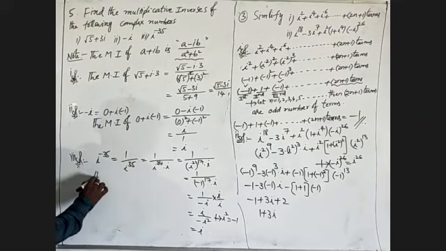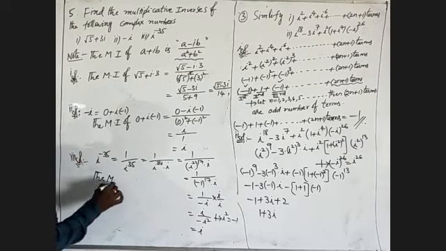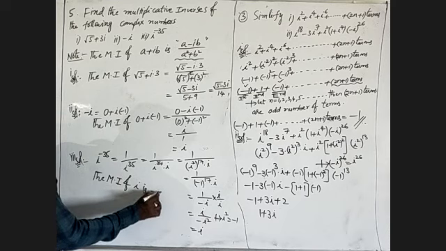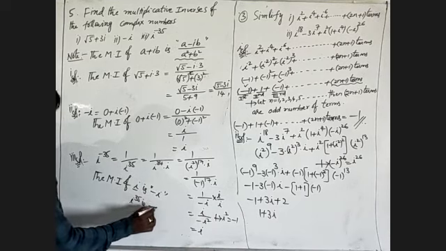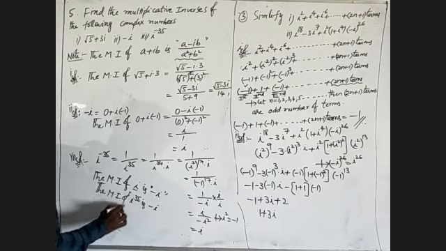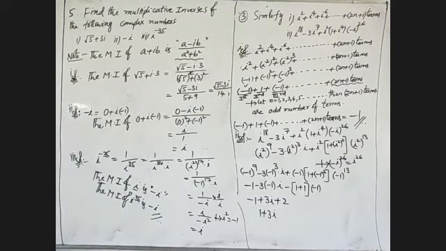Already in this problem, the multiplicative inverse of minus i will become i, as well as the multiplicative inverse of i is also minus i, where i power 35 is minus i. Here we have to write the multiplicative inverse of i power 35 is minus i. These are the given multiplicative inverses.